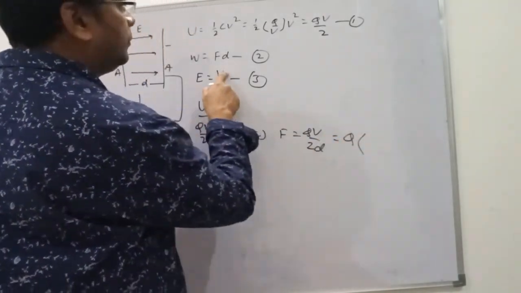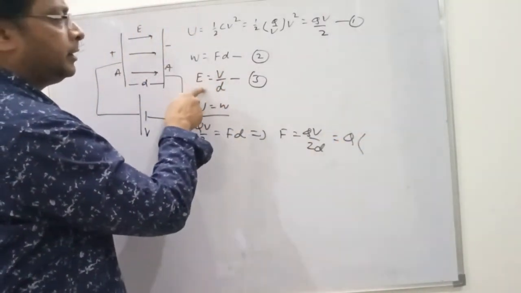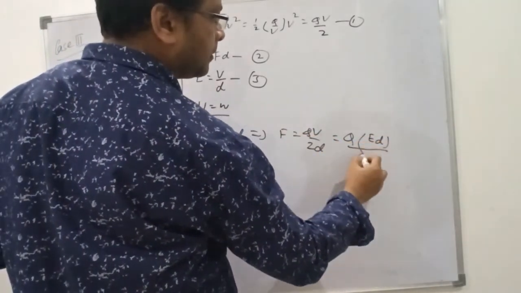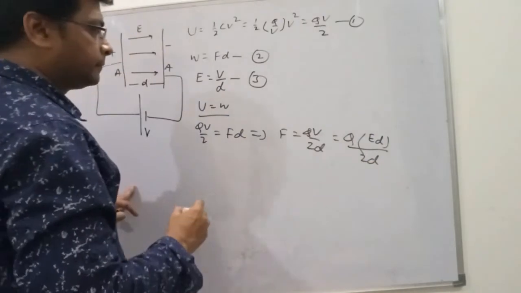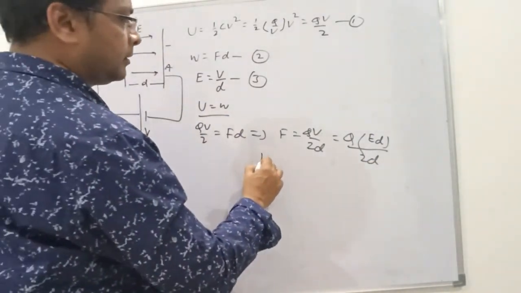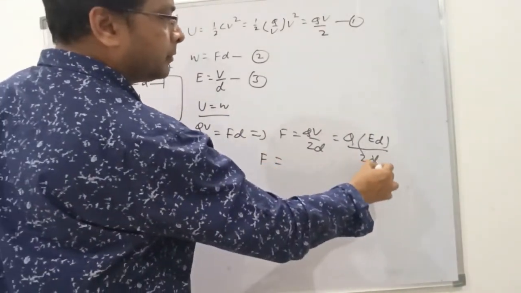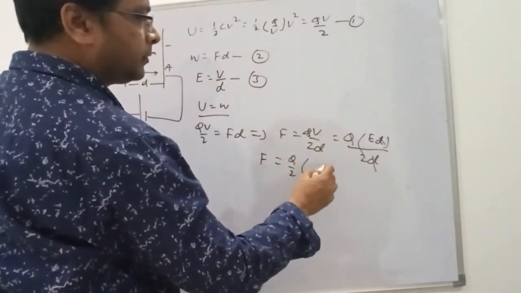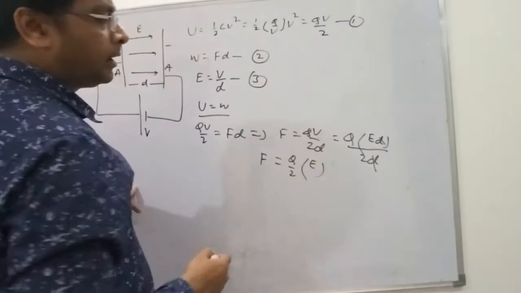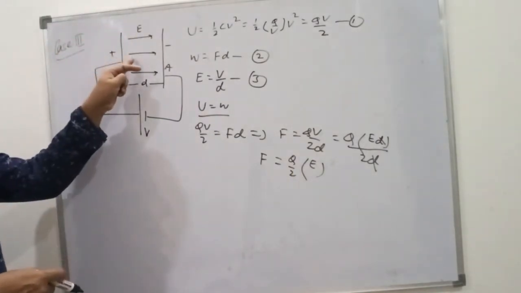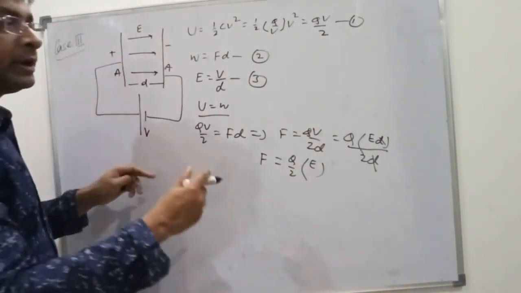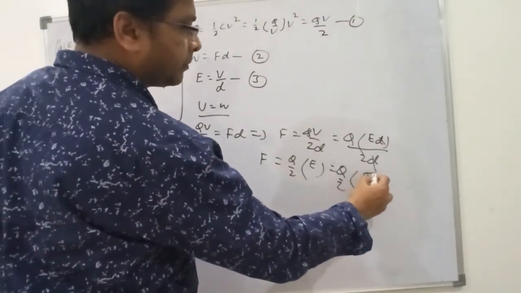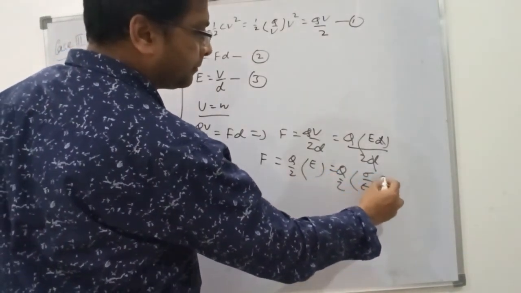In place of V I can write E into D. So we can write F is equal to Q by 2 into E. And we know very well the total electric field in between the 2 plates is given by sigma by epsilon naught.